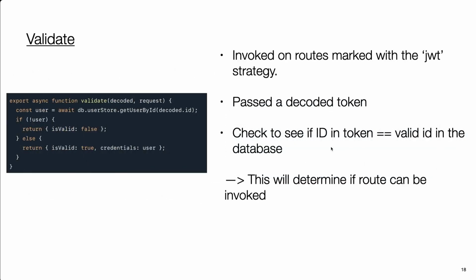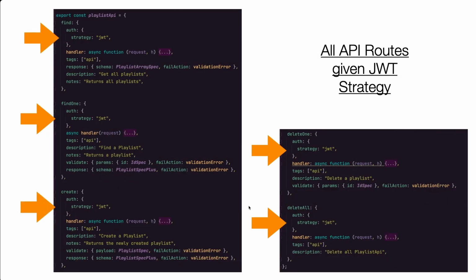And that validate function is going to decode the token and create a credentials object for us, which we can access in any of the secured routes. So all of that means that if we've installed this new strategy, we just annotate all of our routes with strategy JWT. And that's all we need to do. Keep the routes exactly as they have already been defined.